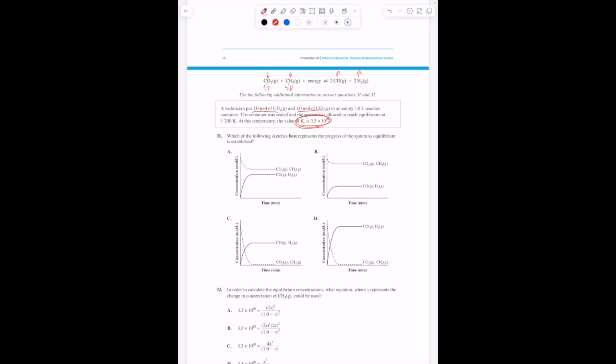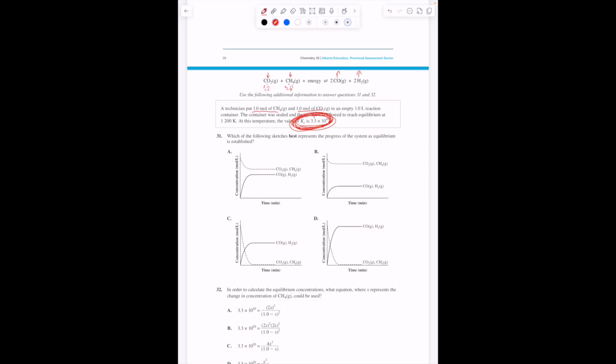Let me think here. Oh, this favors products. Remember, if that number is greater than 1, it favors products. And the larger it is, the more it's favored.